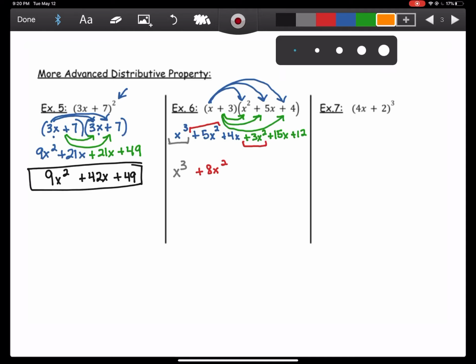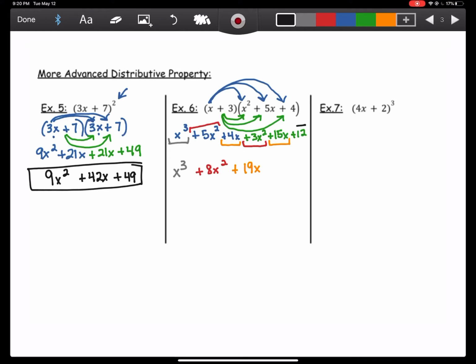And then I'm going to jump to, let's use gold. So now we have positive 4x and positive 15x. They're like terms. So we get positive 19x. And the last term we have is this constant term, positive 12.